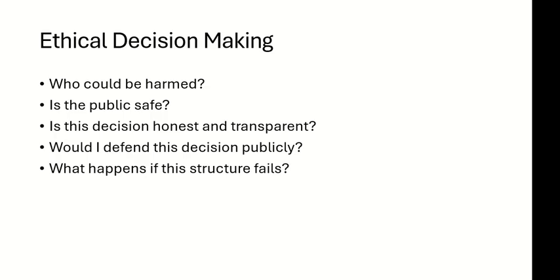Will this harm only a specific person or everybody? In the decision I'm making, is there some lie involved in it? Am I hiding something? Could I defend this decision publicly? This is the aspect of accountability.